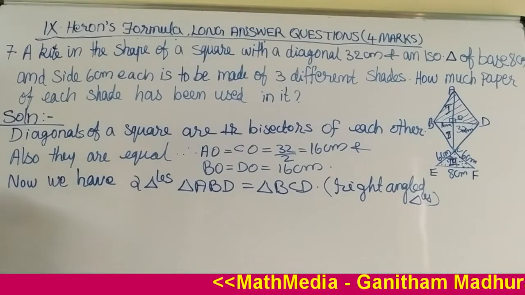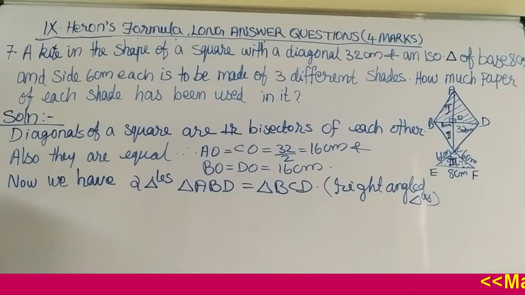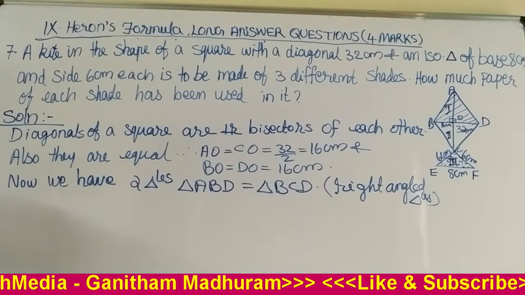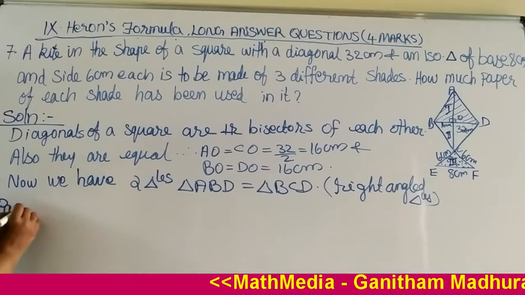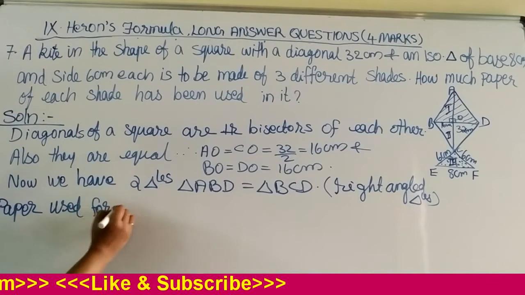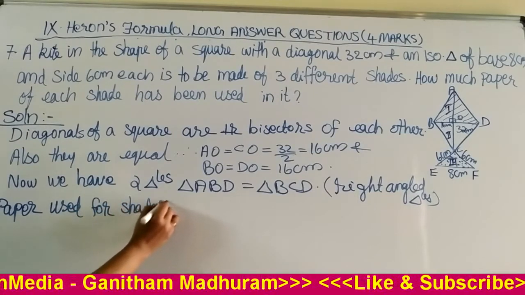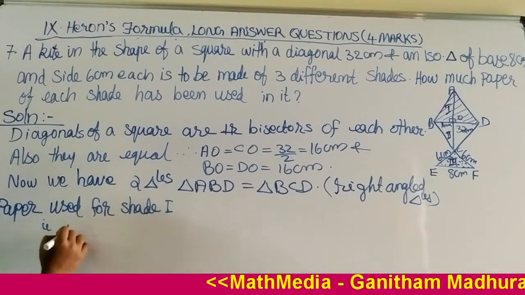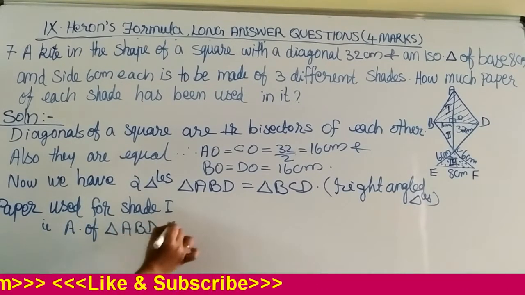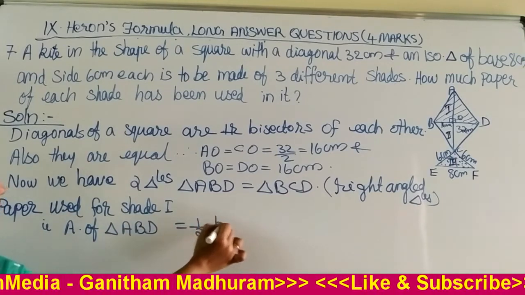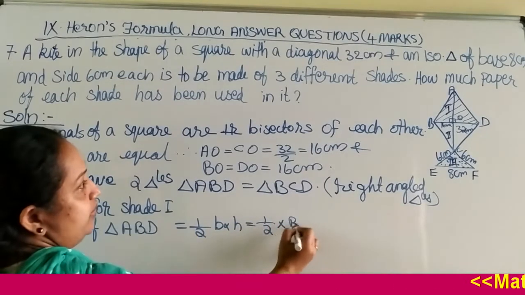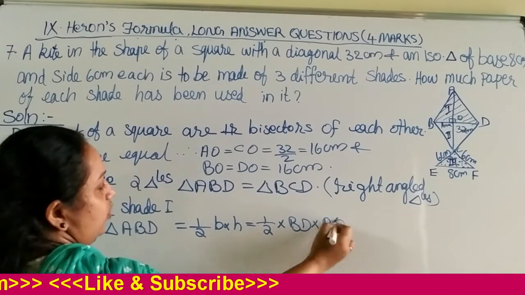So first we have to find the area of triangle ABD, that is the paper used for shade 1. Paper used for shade 1, that is area of triangle ABD, equal to half base into height. That is half into BD into AO.